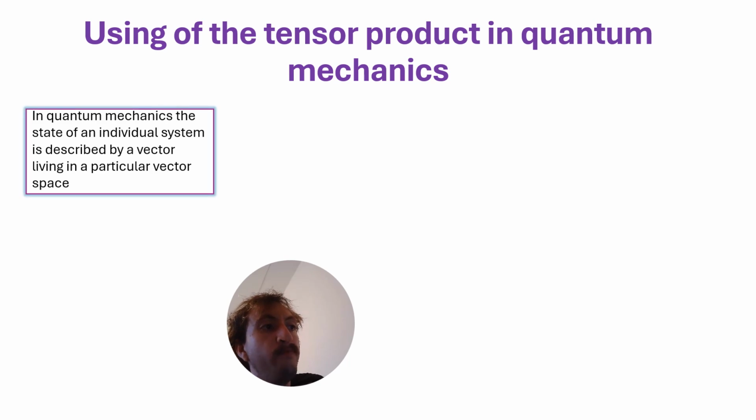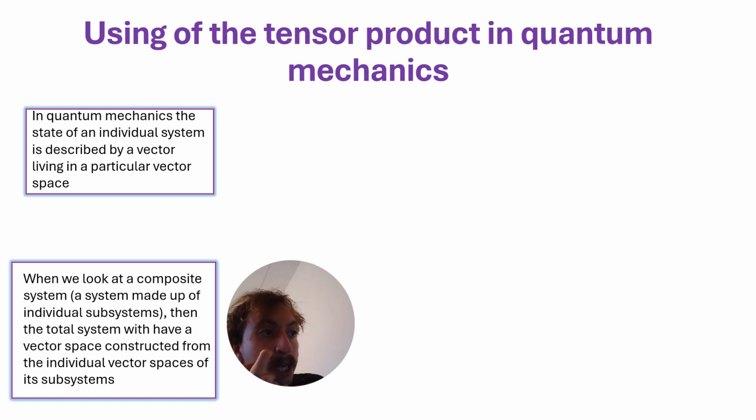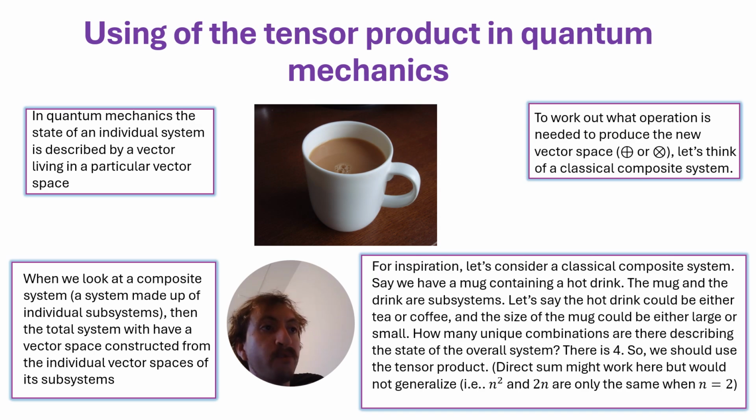So, as we've said, in quantum mechanics, the state of an individual system is described by a vector, which lives in a particular vector space. And when looking at a composite system, a system made up of individual subsystems, then the total system will have a vector space constructed from the individual vector spaces.